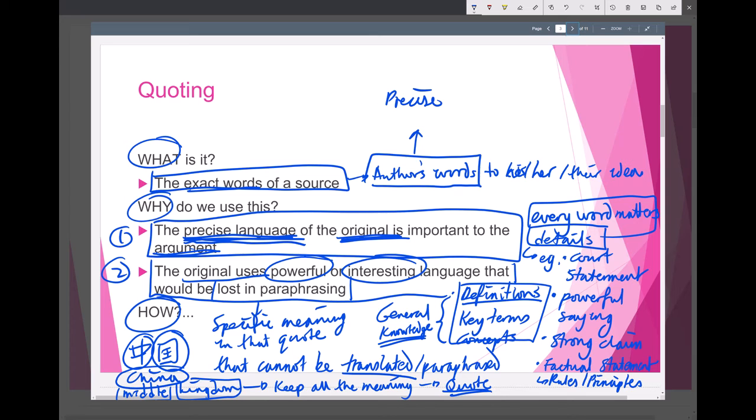And 2, you want to keep the language that is being used by the author, whether it's powerful or interesting or meaningful, that will be lost if you try to translate or paraphrase it. So, let's call it meaningful. Concise and meaningful. So you quote instead.